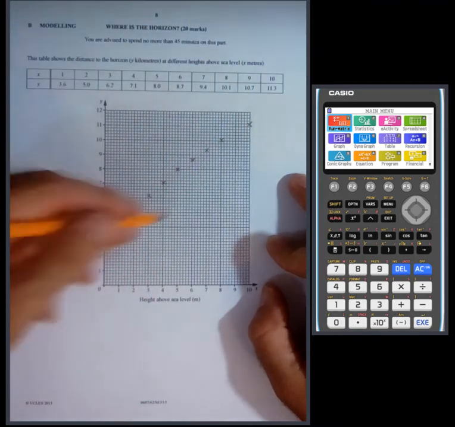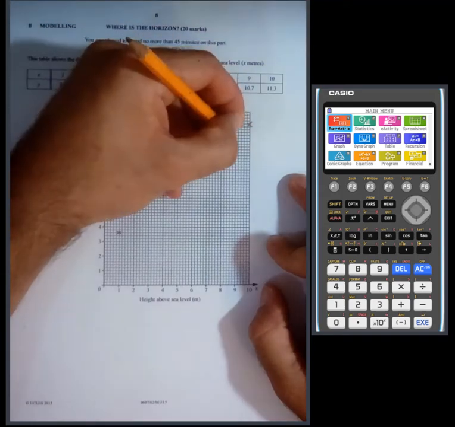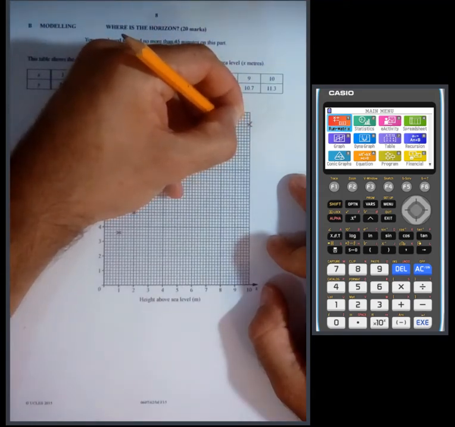I've missed 9 and 10.7. 9 and 10, 2, 4, 6, 7.